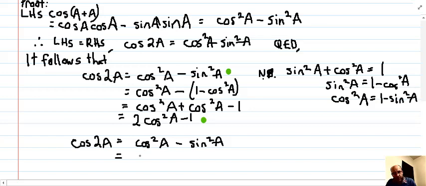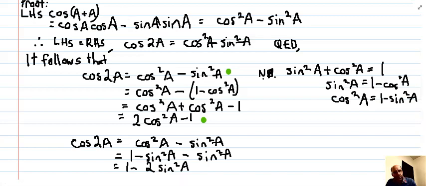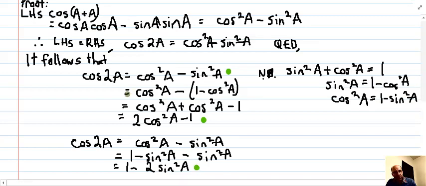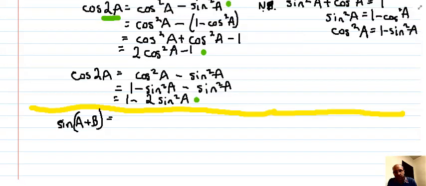So wherever we see cos squared a, we can write 1 minus sine squared a, like I've just done. And we still have the minus sine squared a there. We get 1 minus 2 lots of sine squared a. And that's the other result there. So there are 3 results there for the double angle cosine identity.